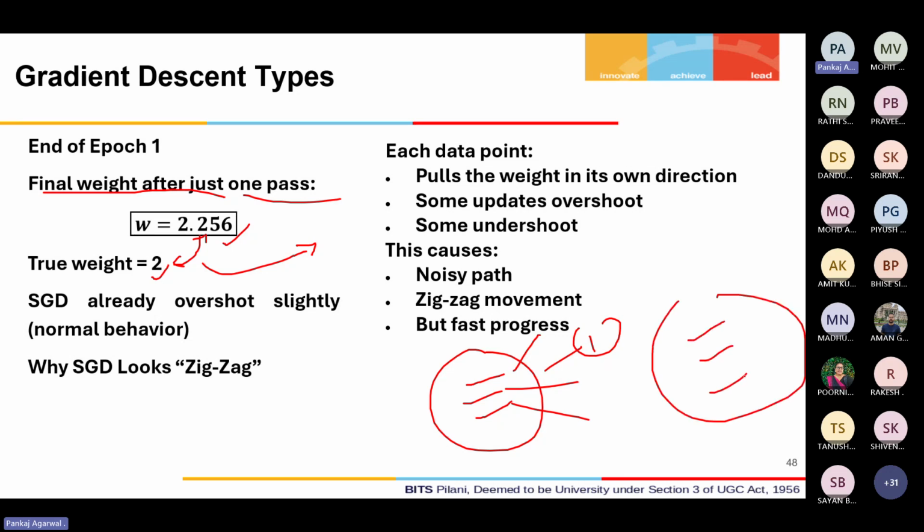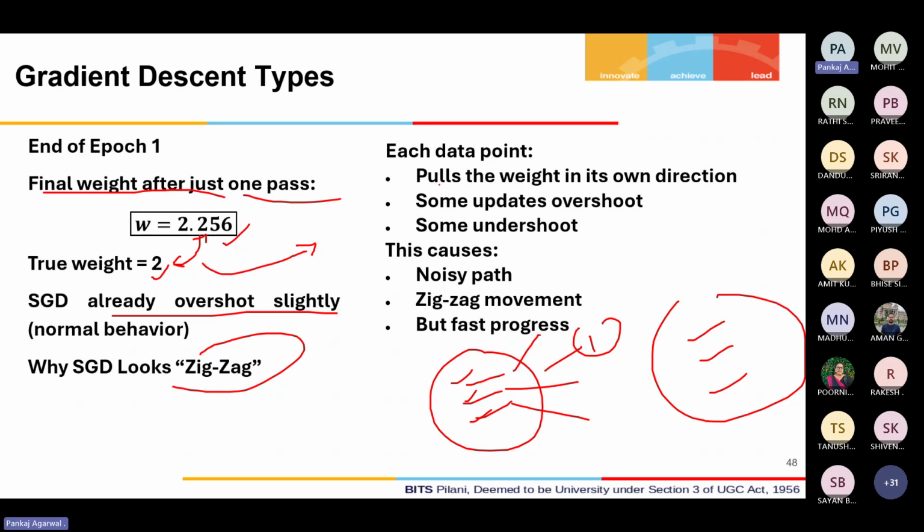So how I'm doing is one data point at a time, right? Isn't it? One data point at a time. So SGD already overshoots slightly, normal behavior. It actually looks like a zigzag. So at times it may happen that after epoch 1, the error is 2.256. Next time it might be very less. It might be suppose minus 1 or 2, whatever it might take place. So it might move in a zigzag fashion. That is what it is trying to say.